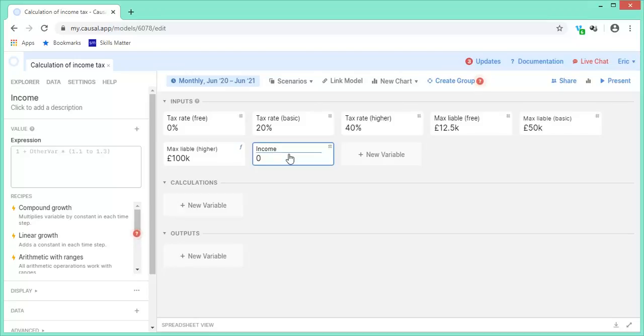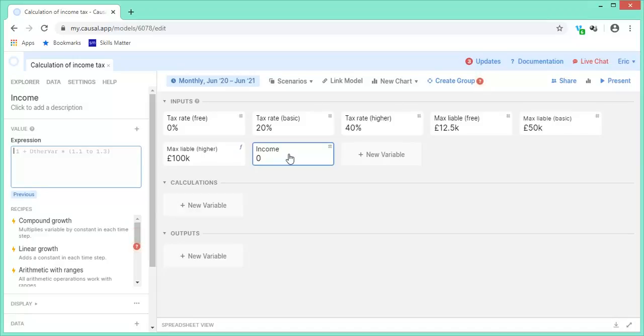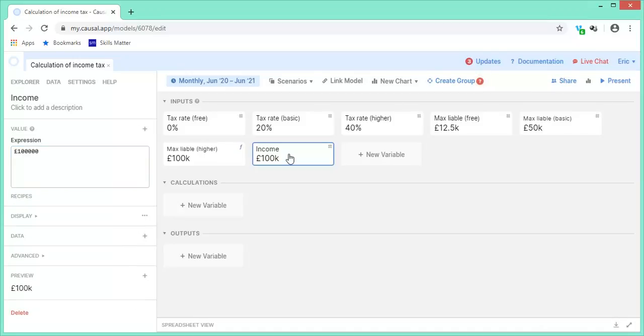And we'll say that is, let's just make it £100,000. That's nice and simple. Okay. All right. So now we can go to the calculations. So we need to partition the income into the different bands. So then we'll see how much we can tax each band.